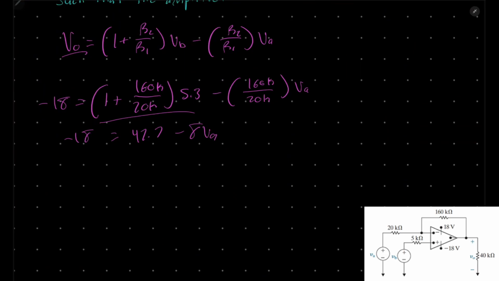So negative 18 minus 47.7 gives us negative 65.7 equals negative 8 VA. And now we just divide this by 8. And the value we get for VA is 8.22, or 8.21 when rounding.